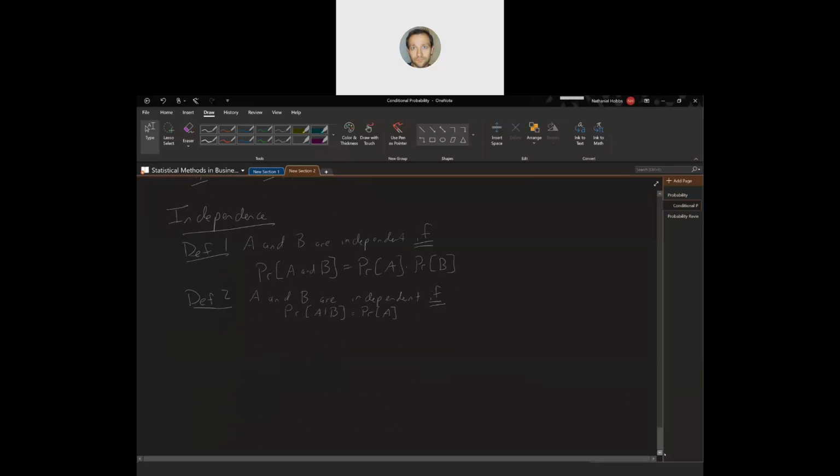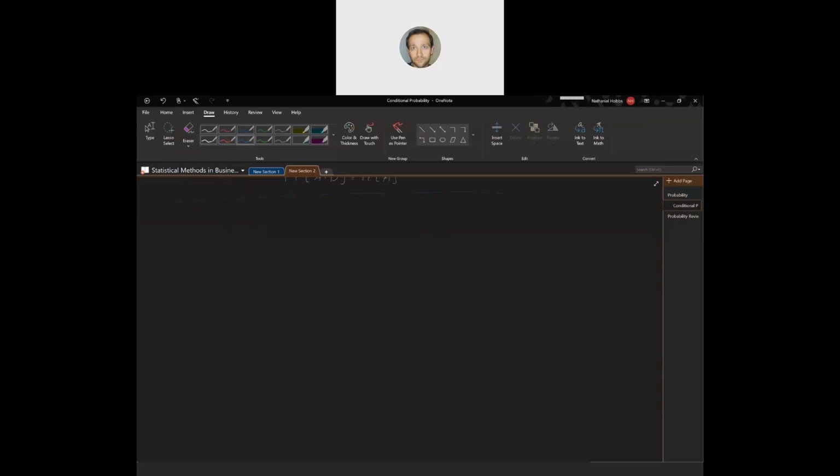So I am going to end our discussion on conditional probability with a puzzle.